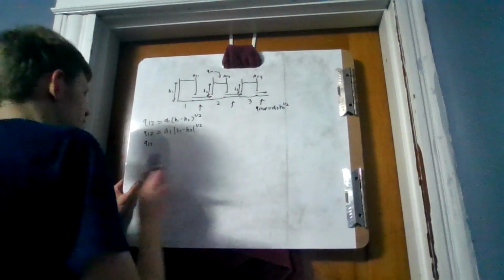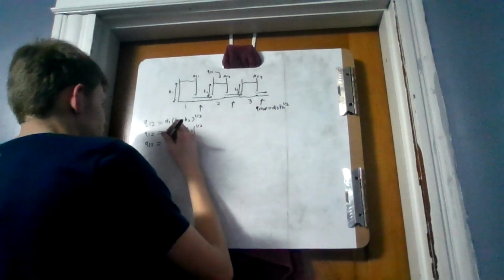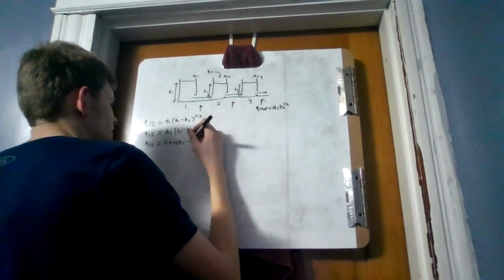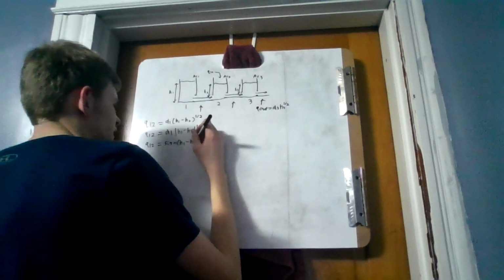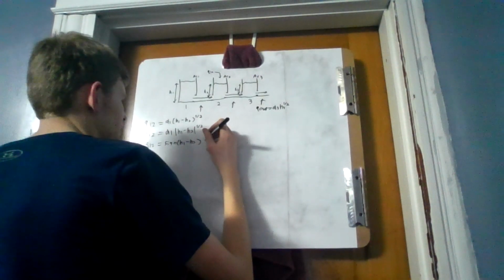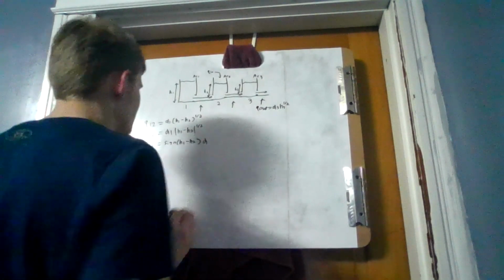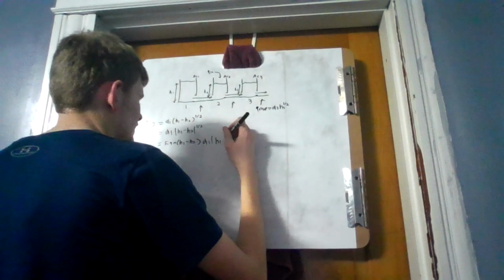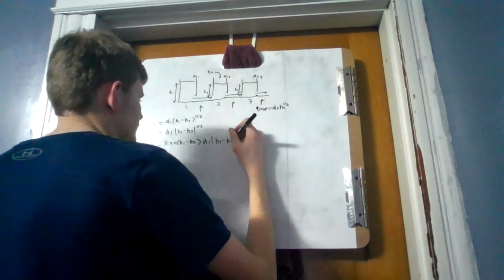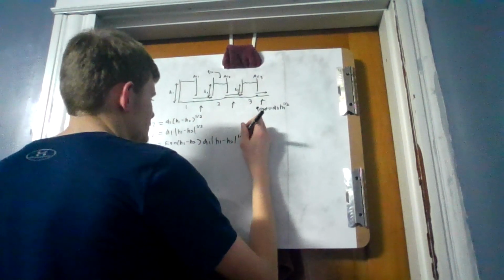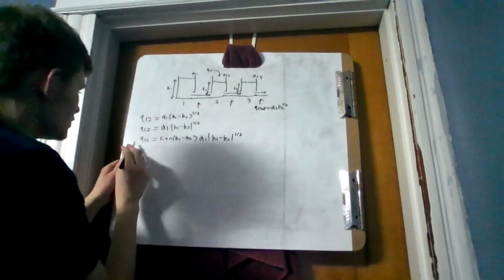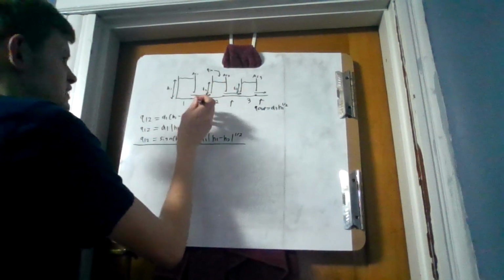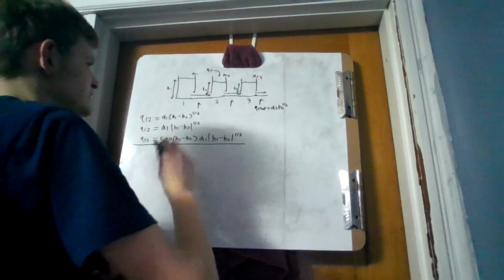Our flow rate going from 1 to 2 is then equal to the sign of the fluid height of tank 1 minus the fluid height of tank 2, multiplied by our alpha value of 1 times the absolute value of our fluid height of 1 minus our fluid height of 2, square root. So this is a whole representation of the relationship of the flow between our tanks 1 and 2.